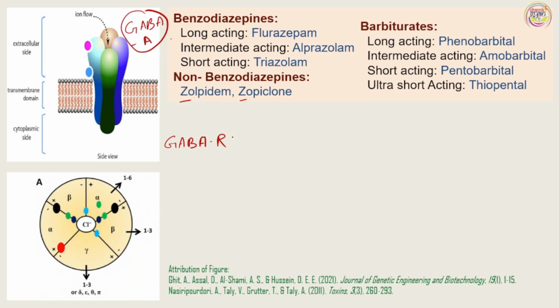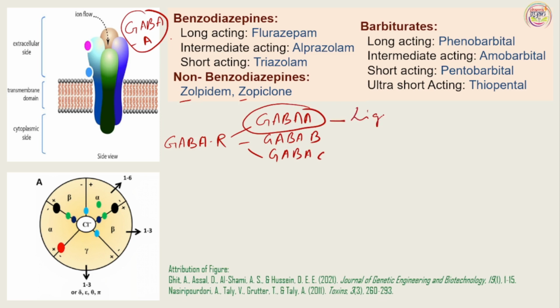GABA receptors are mainly of three categories: GABA A, GABA B, and GABA C. And GABA A is a ligand gated ion channel receptor.